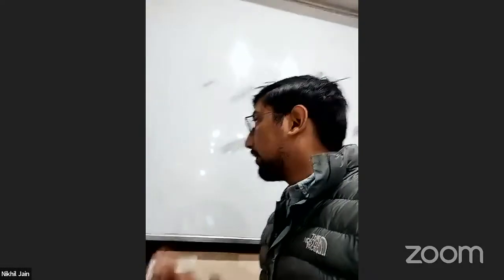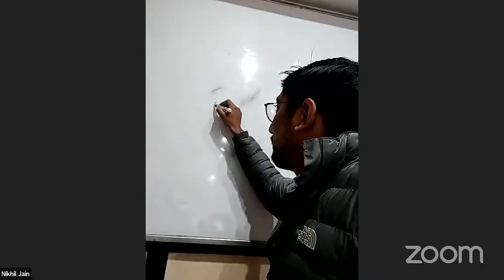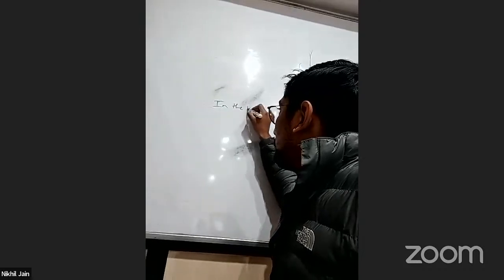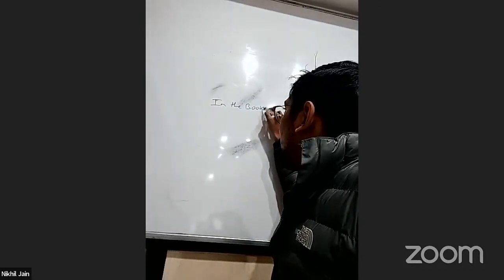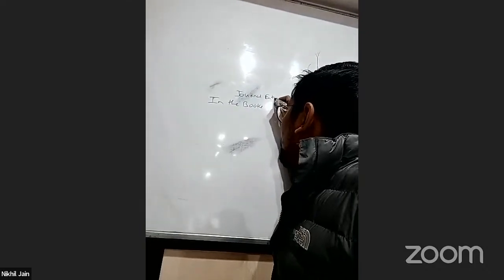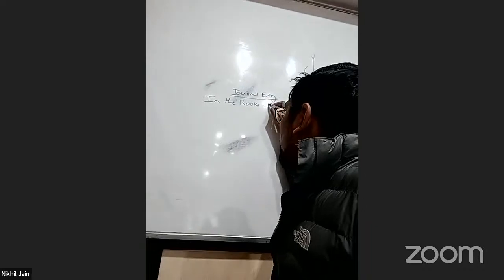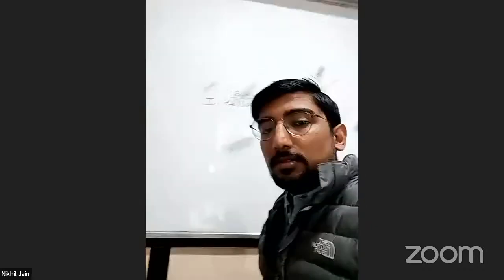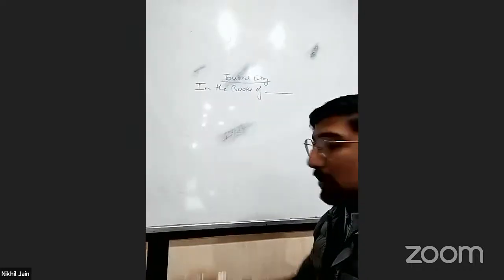There are 5 columns. Okay, so while recording, first of all, in the starting we will write journal entry in the books of the name of the business. Okay, and then columns will be made.